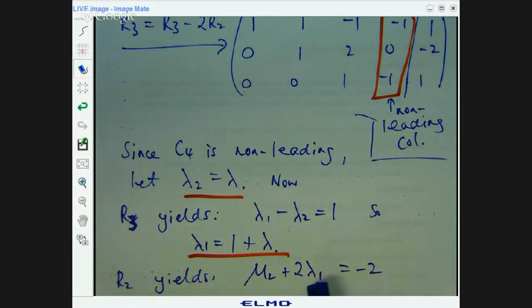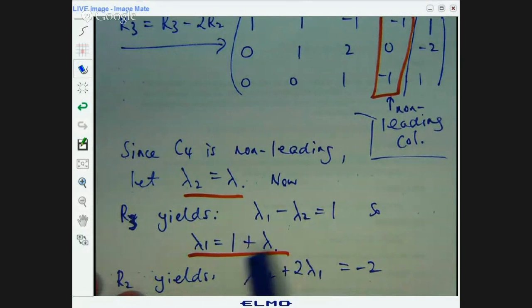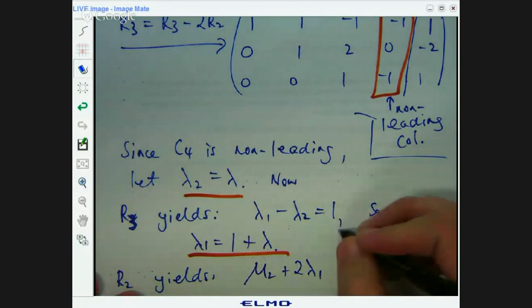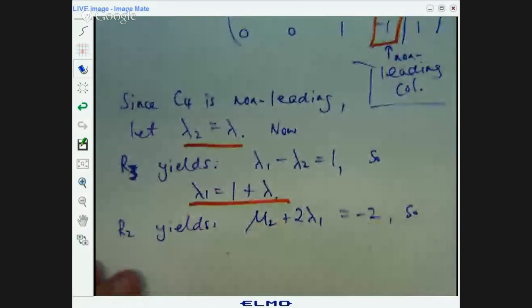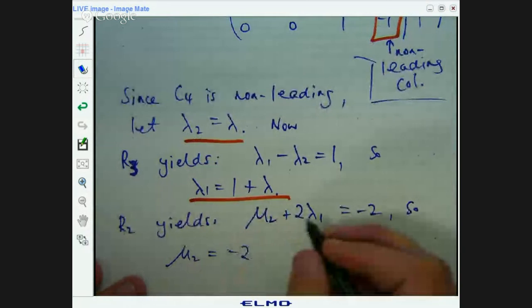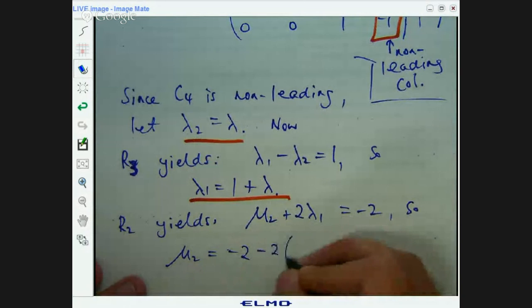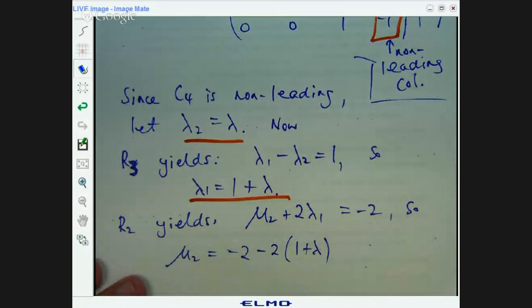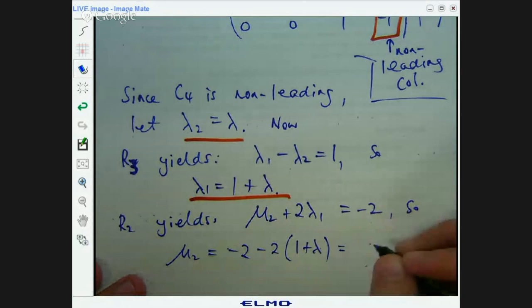I know what lambda 1 is in terms of lambda. It's right there. I can simplify that: mu 2 equals -4 minus 2 lambda.